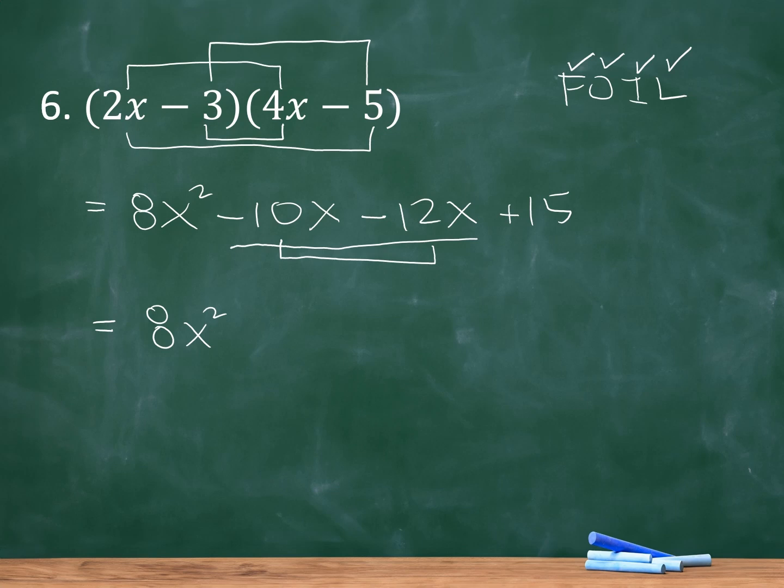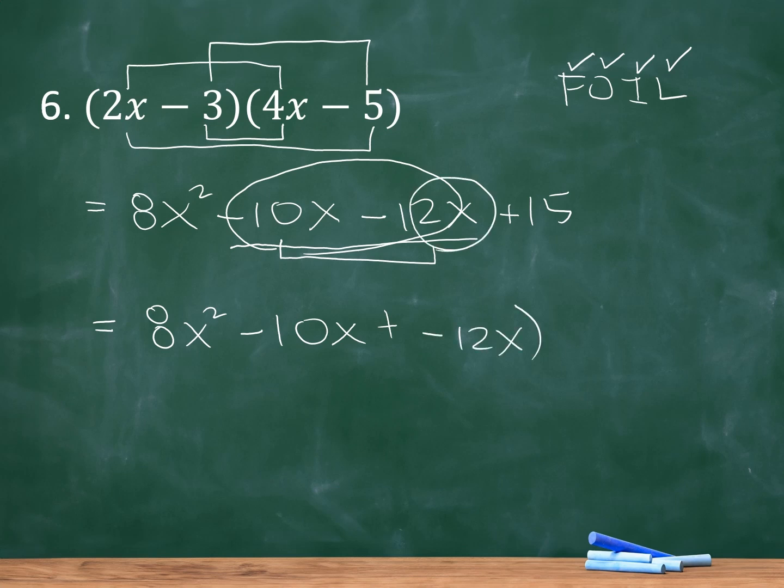And remember, subtracting a monomial is just the same as adding its opposite. So negative 10x minus 12x can also be written as negative 10x plus the opposite of 12x will be negative 12x, and then you put it in the parentheses, and then just copy plus 15.